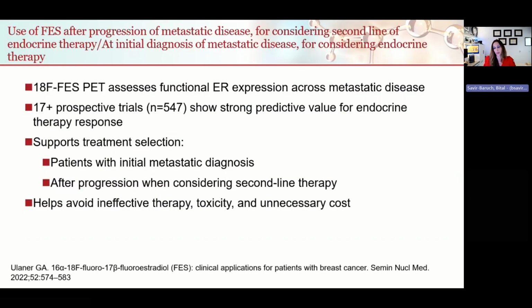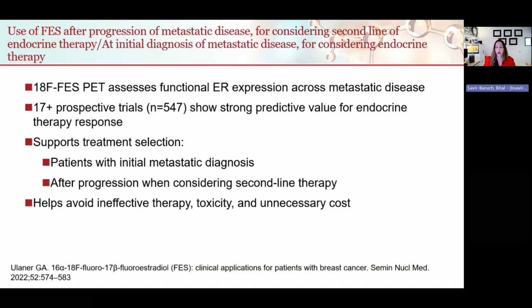Before we approve any modality of PET CT for clinical use, we need to have robust literature proof that this modality is actually helpful for that specific clinical scenario. We know that FES PET is being used to assess function of estrogen receptor expression across metastatic disease.